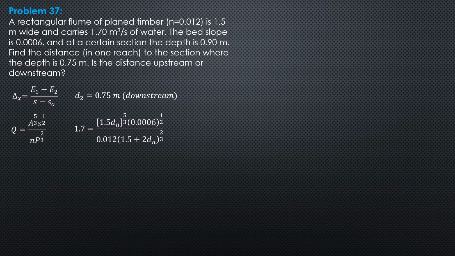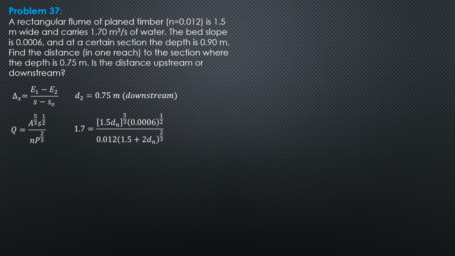That's why we find the normal depth, because these depths here must not cross the normal depth and the critical depth, because these are gradually varied flow.